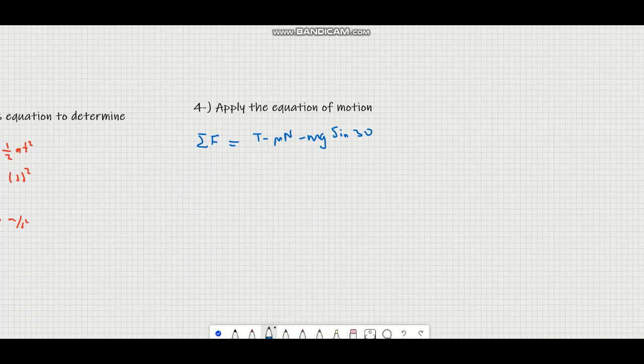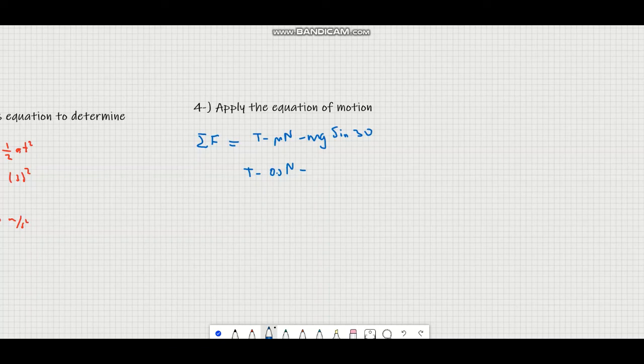Let's continue by applying all these terms in order to find our T value. So T minus mu, which is given as 0.3, times N, which is mg cosine 30.